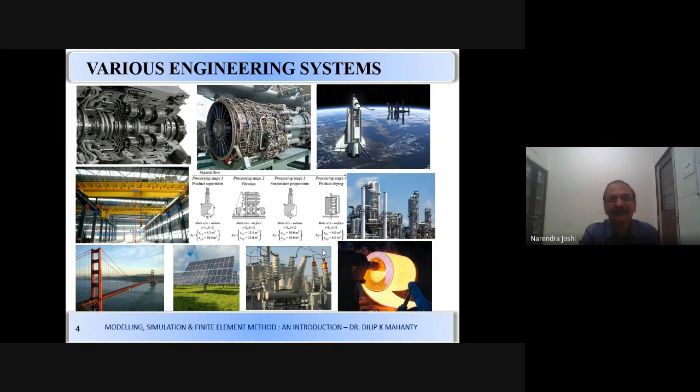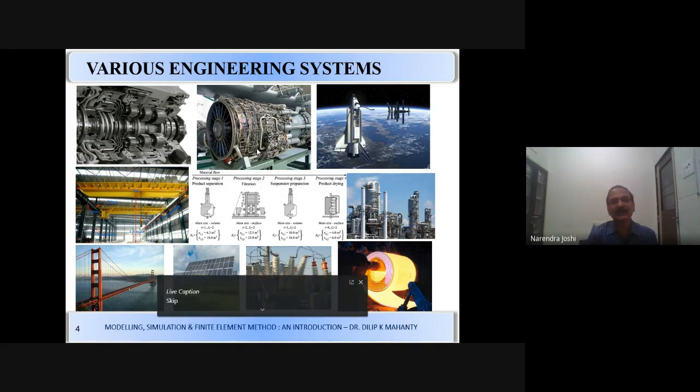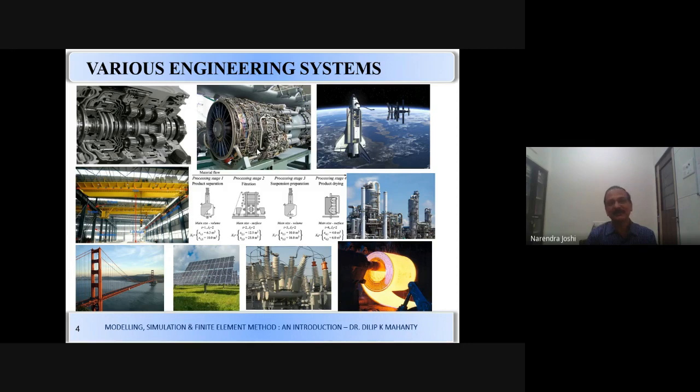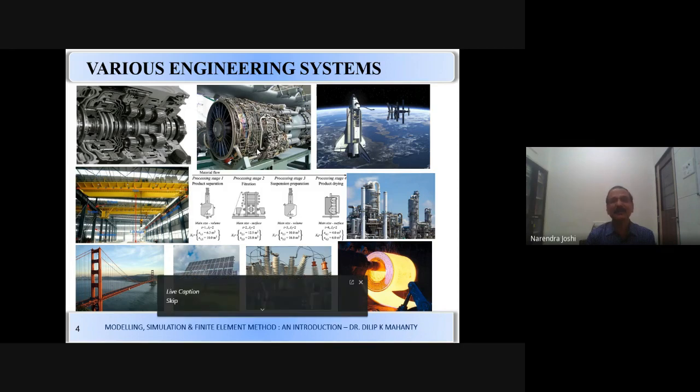For example, the top middle is a jet engine. It takes as input a thrust of air, mixes it with the fuel, and gives output thrust, by which the aircraft actually flies. This jet engine is used for aircraft purposes. Also, land-based jet engines are used for power generation.